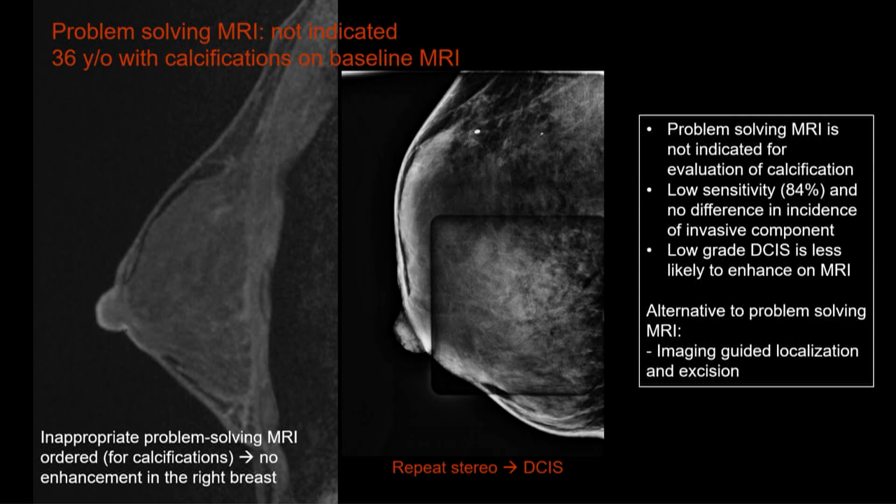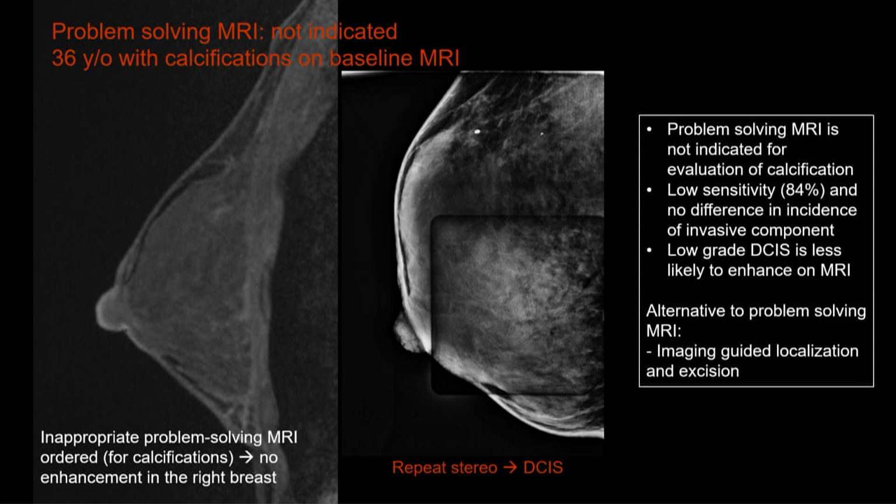And so a breast MRI was obtained, and of course, there was no enhancement in the right breast, but that's because these are calcifications. And so we brought the patient back to the clinic, she was given some anti-anxiolytics prior. Repeat stereo was performed successfully, and this is ductal carcinoma in situ.